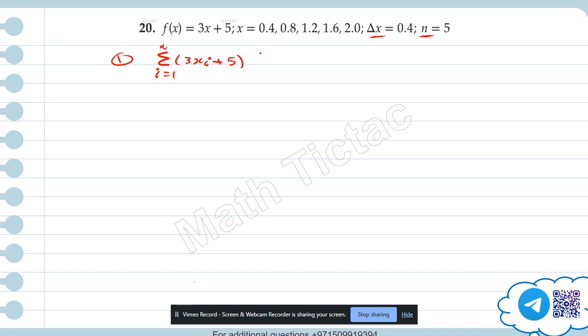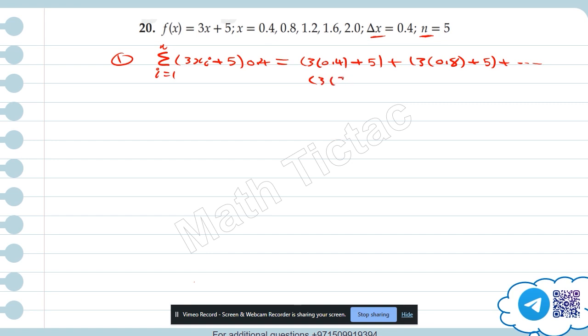Then I'll substitute the values directly. First, 3 times 0.4, then plus 5, then I'll substitute the second value, which is 0.8, then plus 5, then the third value, until reaching the last value, which is 3 multiplied by 2, plus 5. Then I will add all the values, and that will give me the final answer.